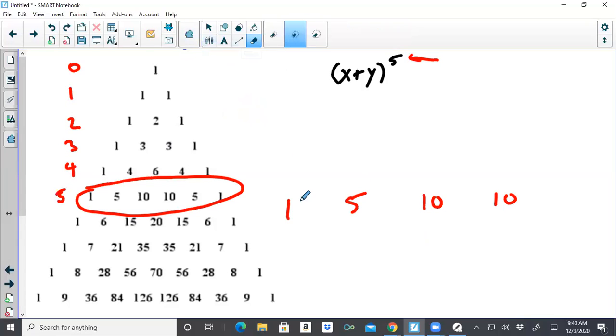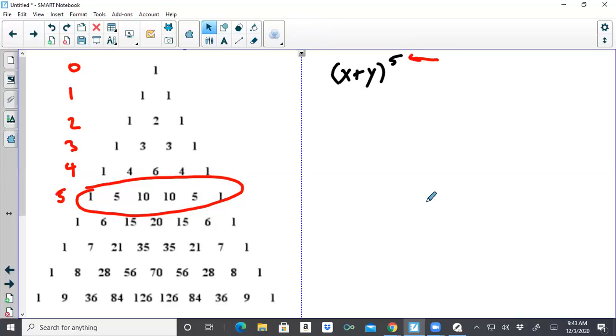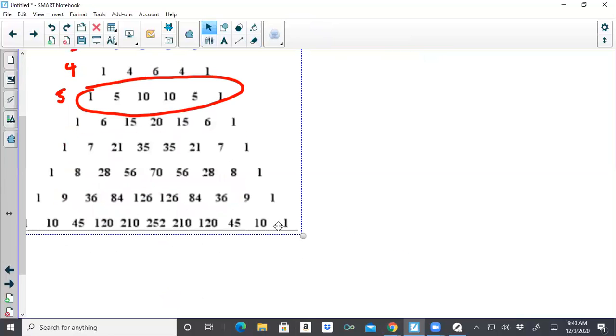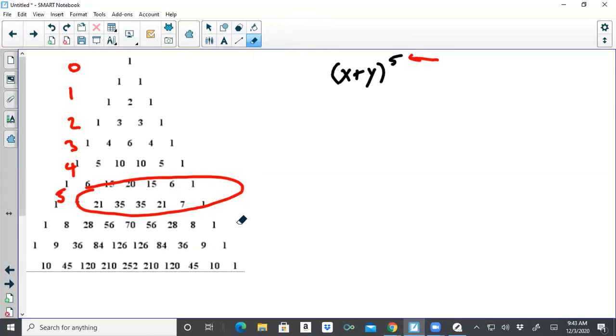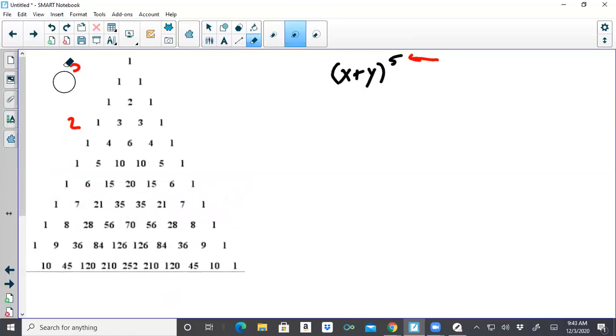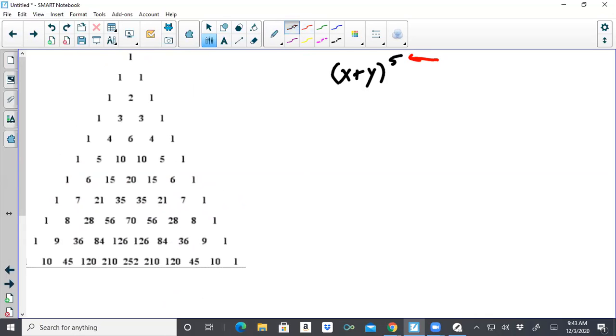I want to try to make this a little bit easier to look at. So I have, again, row 0, row 1, 2, 3, 4, and 5.